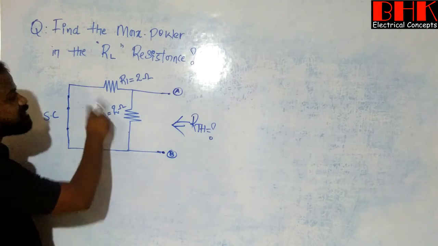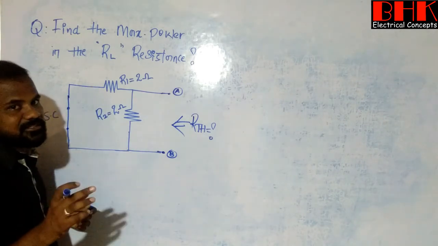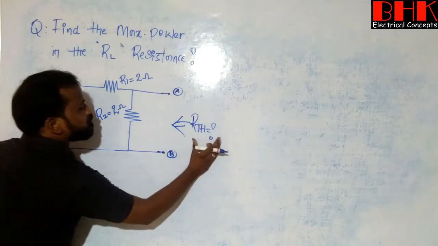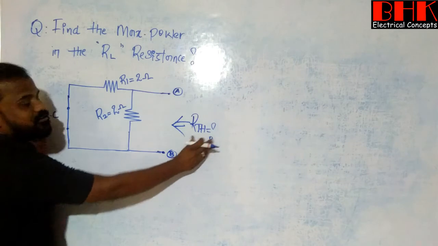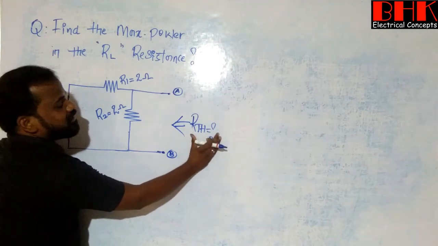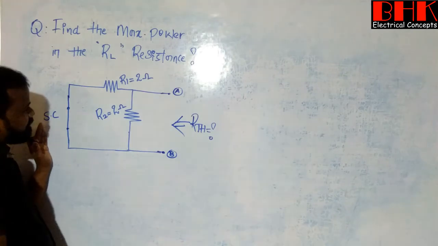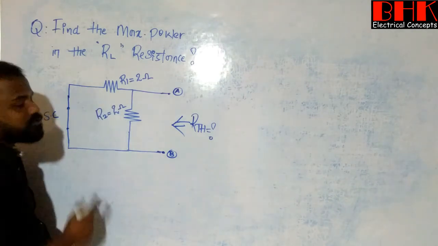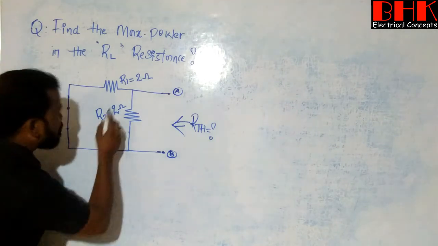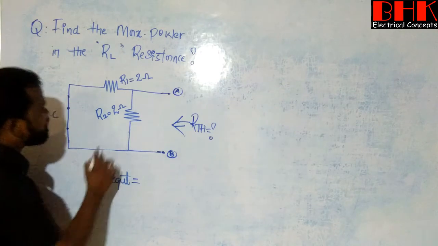Now these two resistances, while we are going for the calculation of equivalent resistance, we always start reducing the circuit from the left side. Clear? Now R1 and R2 are both connected in parallel. So how to calculate the equivalent resistance of these two resistances?